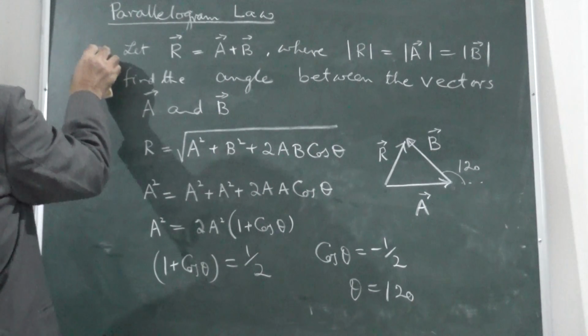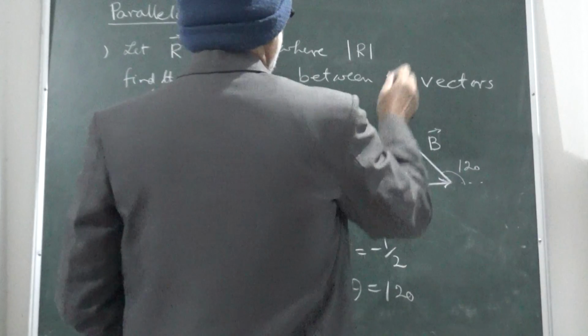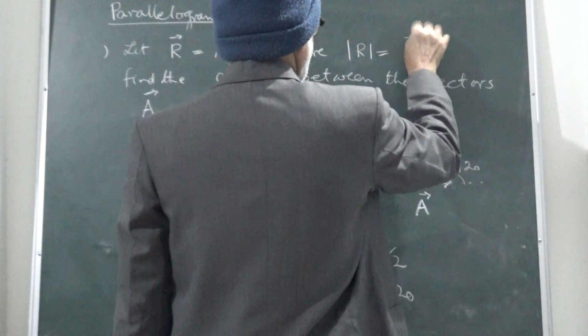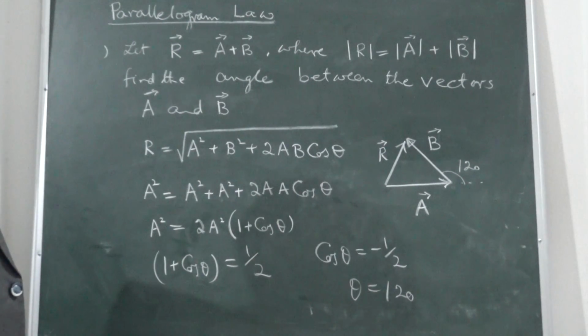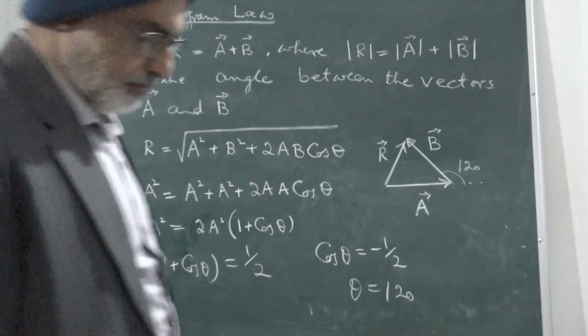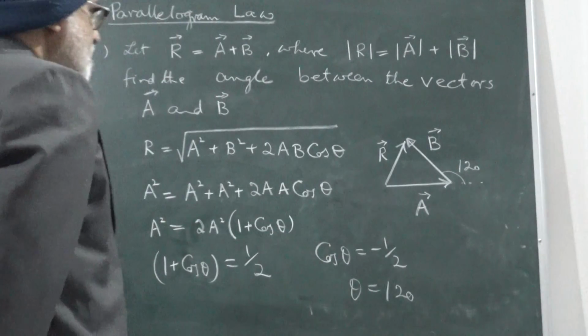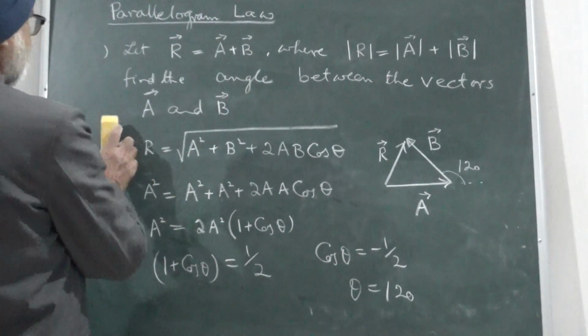Now the second example, let the vectors where R is, say, mod of R is equal to mod of A plus mod of B. Okay, so this is the second problem.